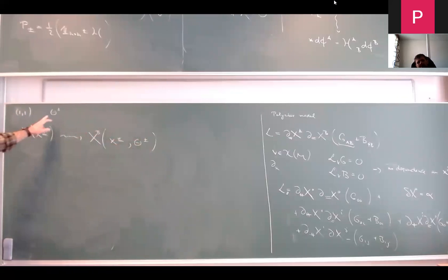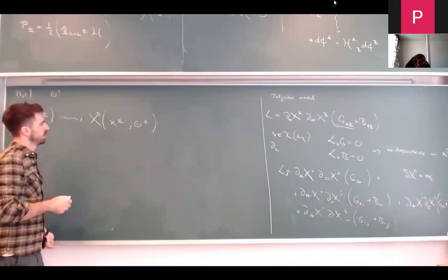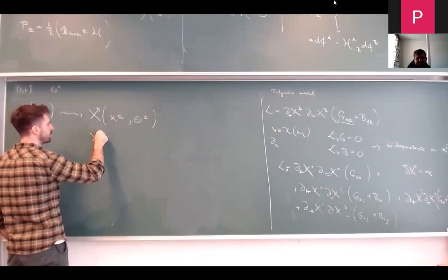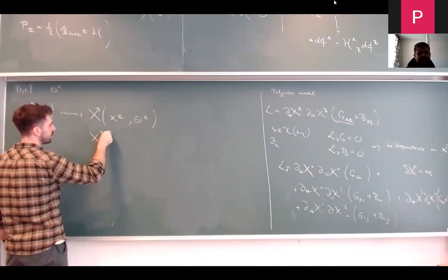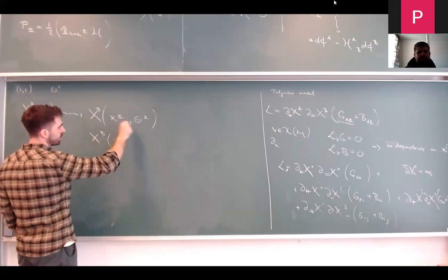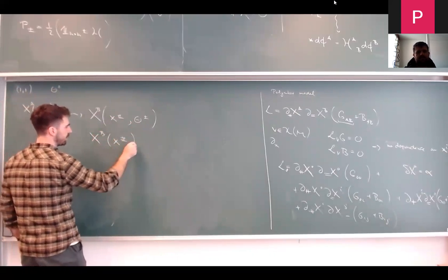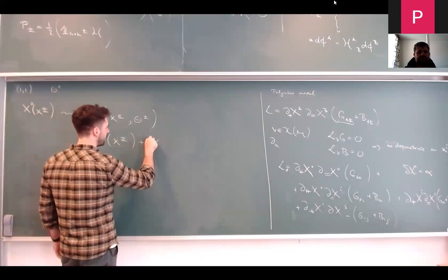Since these are Grassmann coordinates, we can expand them, right? That's the usual thing we do. All this is really just a bookkeeping parameter to introduce some new fields in the theory.